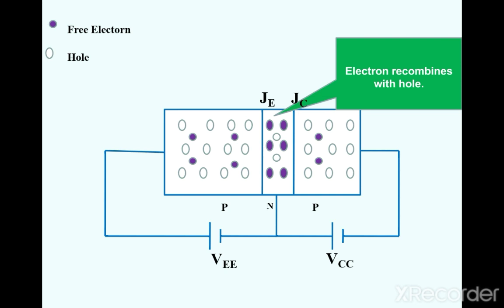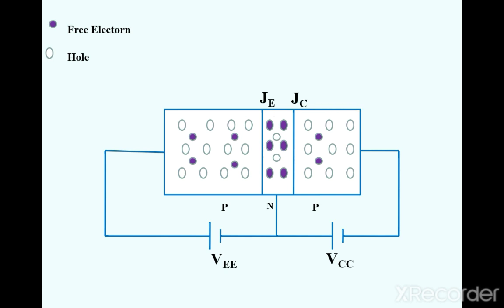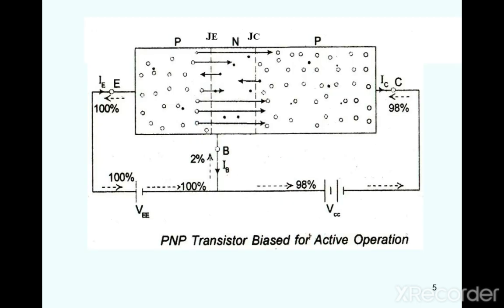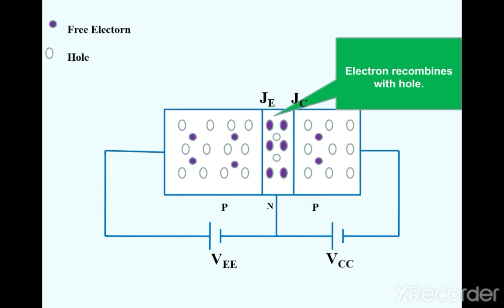Due to the repulsive force, the holes move from P to N and the electrons move from N to P. In this way, the electron recombines with the hole.